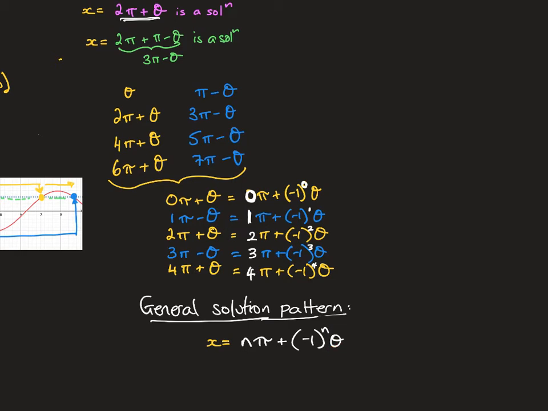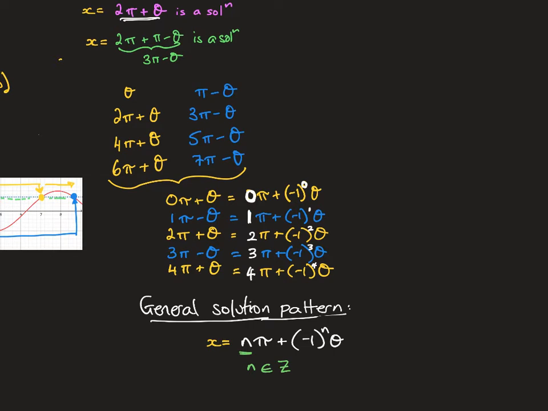Now there's two other things that we need to define here. This n is our counter and it's increasing by whole numbers. So we need to state that n is an element of our integers so that we can put only whole numbers in there.